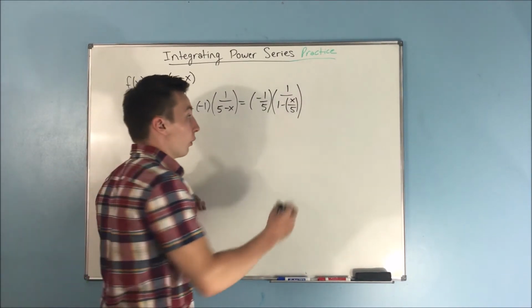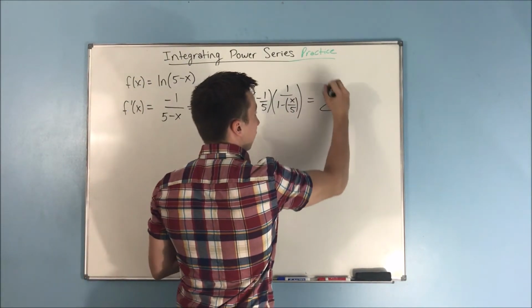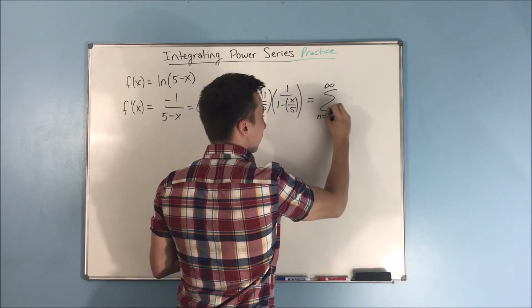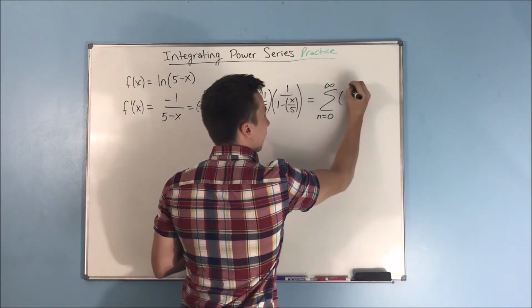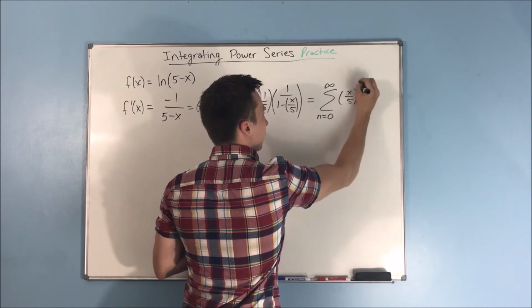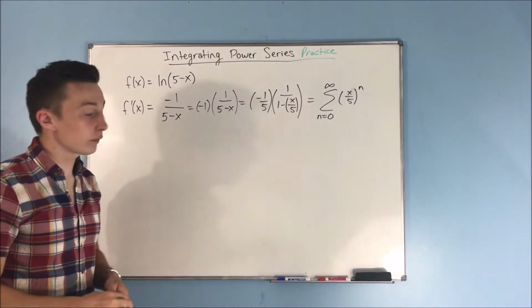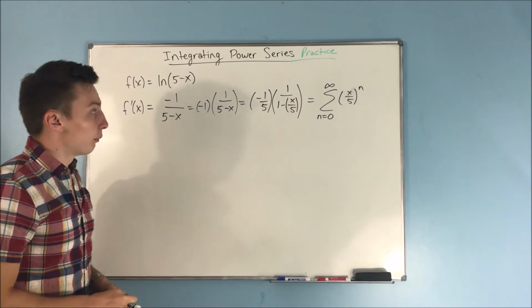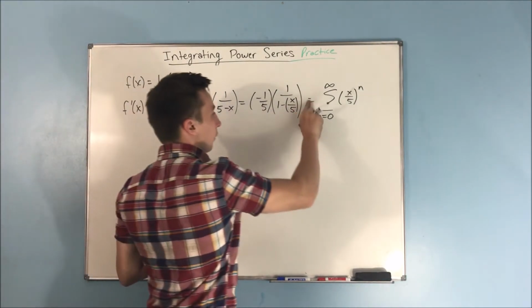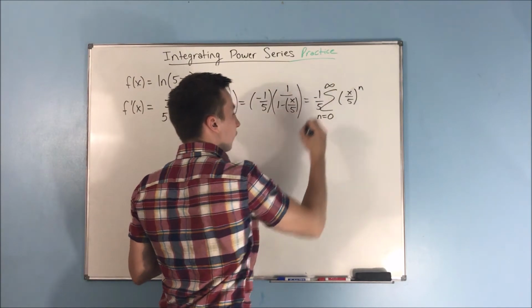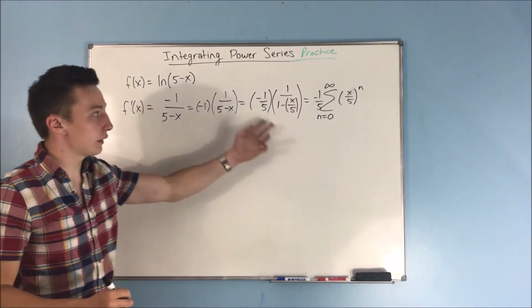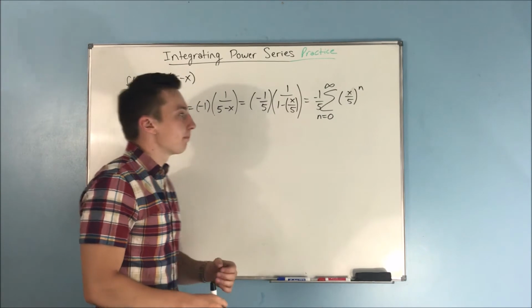So that's what's going to go in this power series here: the sum from n equals 0 to infinity of x over 5 to the n. Sorry, this is not equal yet. We need a negative 1/5 out front, because this negative 1/5 is also just going to come over here.